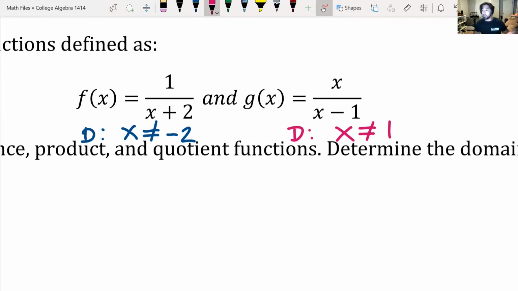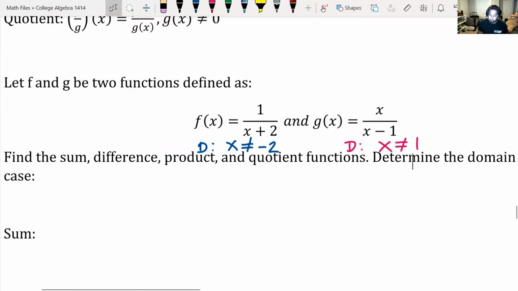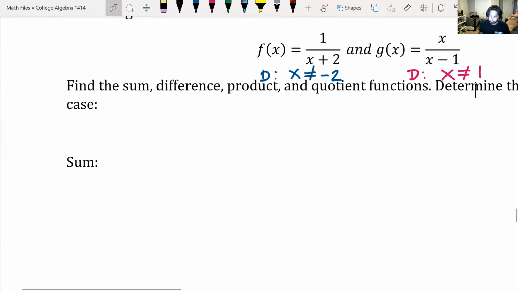All right, because we set the denominator equal to 0 and solve for x. Now, put it together. And the sum, meaning it wants what is f of x plus g of x. That's what it wants.